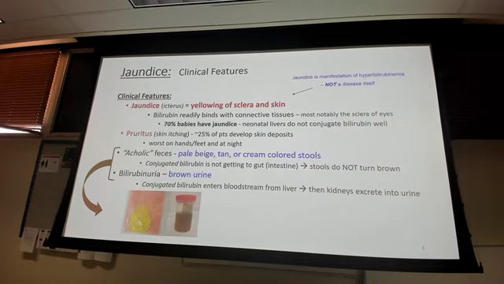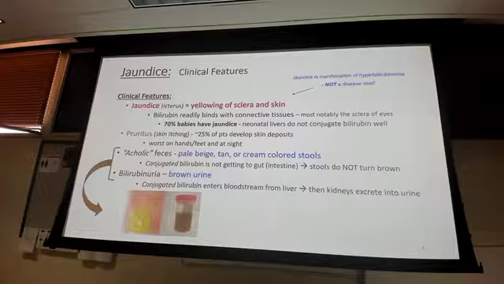Bilirubin, when it gets conjugated, when it turns into direct bilirubin and it goes to our gut, that conjugated bilirubin is what gives our stool its brown color. Bacteria in the gut transform it into something called stercobilin, which I'll show you guys in a second, and it gives it that brown color.